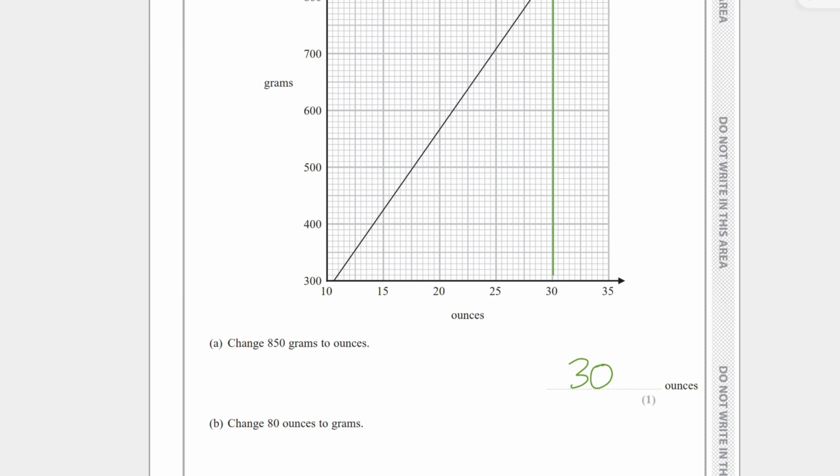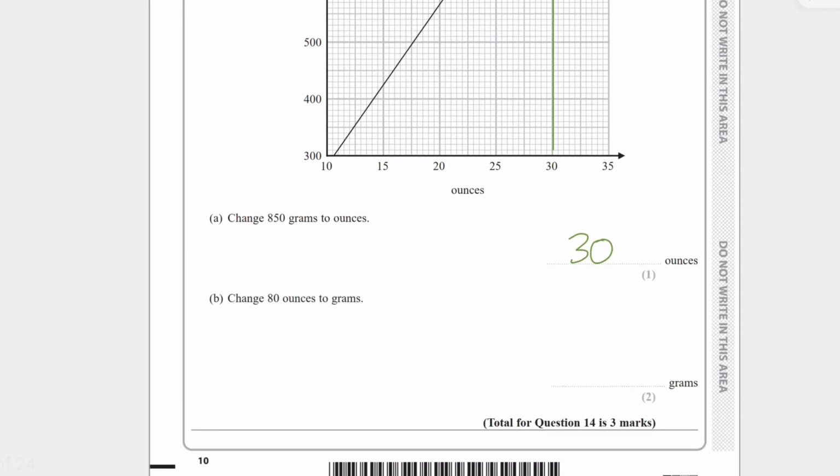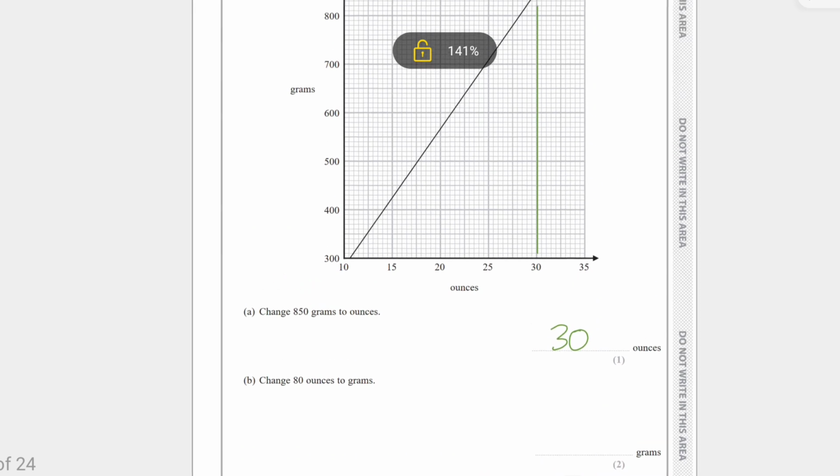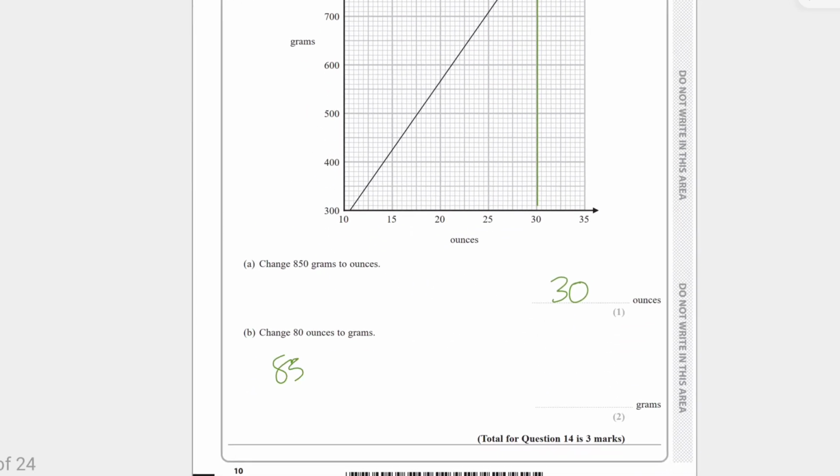Change 80 ounces to grams. So what we have to do is some proportional thinking. Since we know that 850 grams is equal to 30 ounces, 80 ounces is going to be equal to X grams.